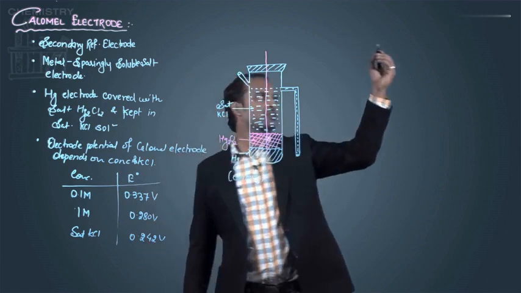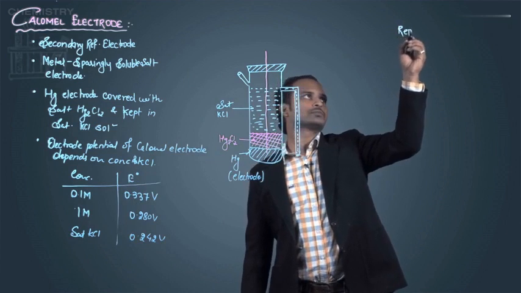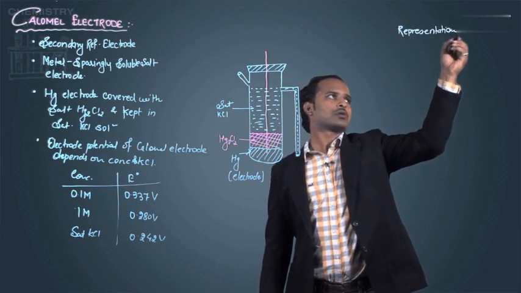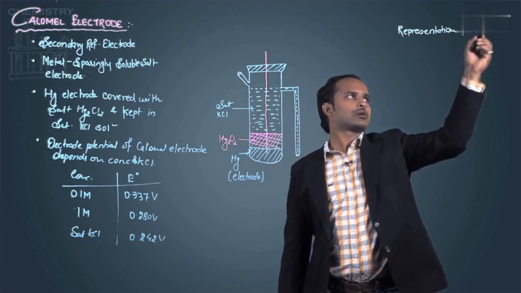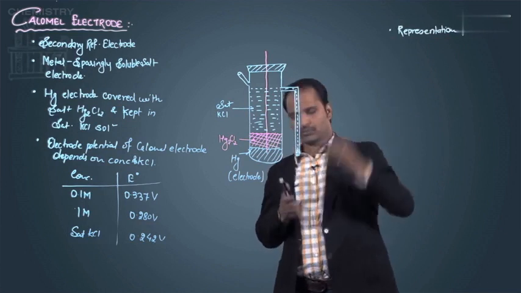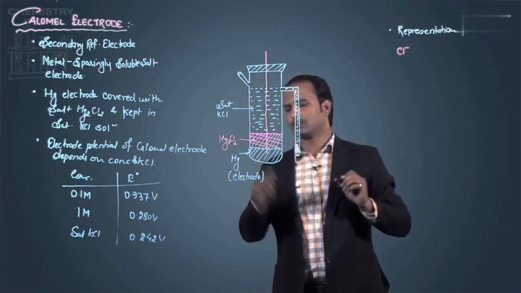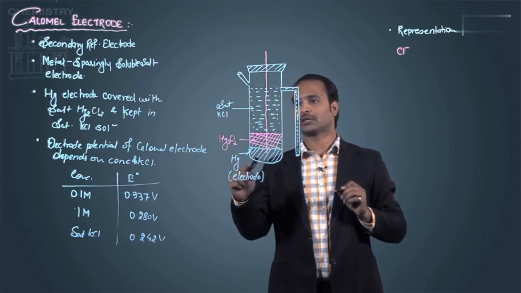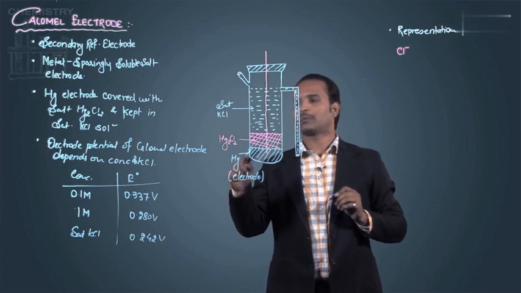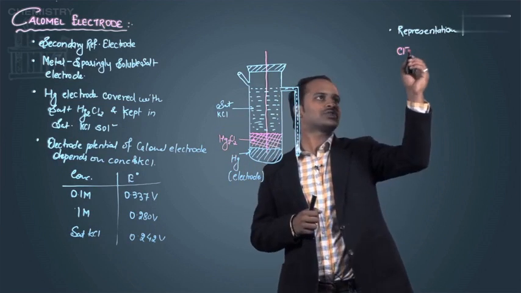Now let's see the representation of the electrode. Here we have Cl minus ion, that is the solution, and after that the electrode comes. Here the electrode is mercury, but in between there is a salt taking part in the reaction, so you have to mention that salt also.